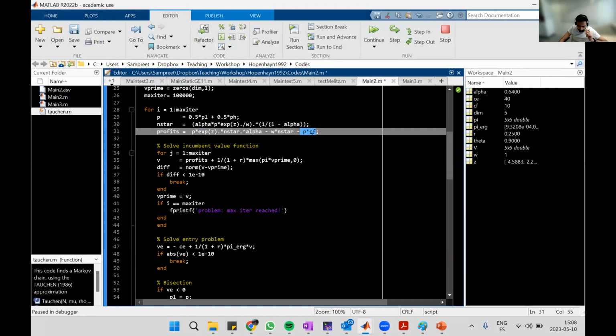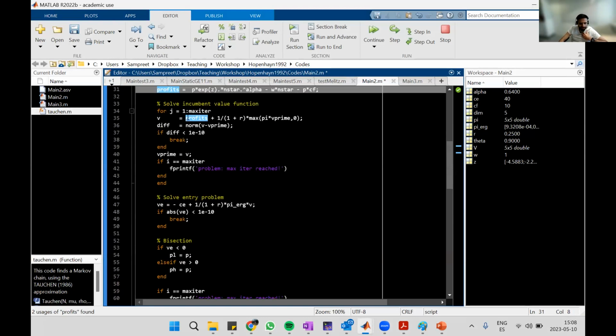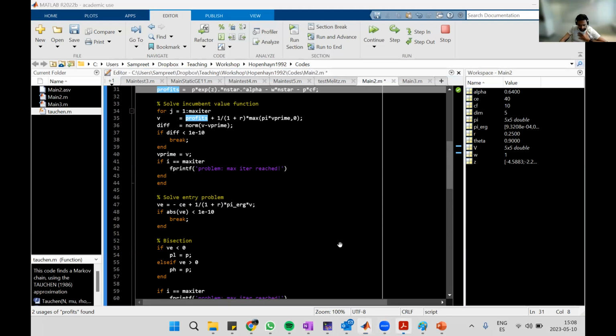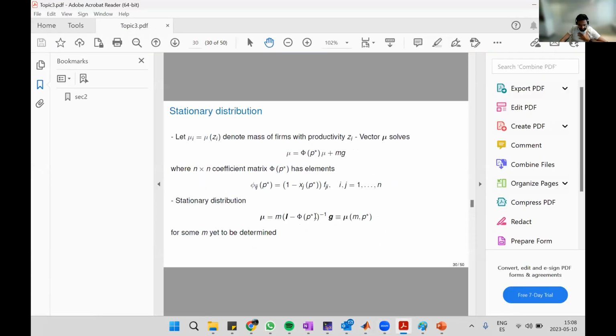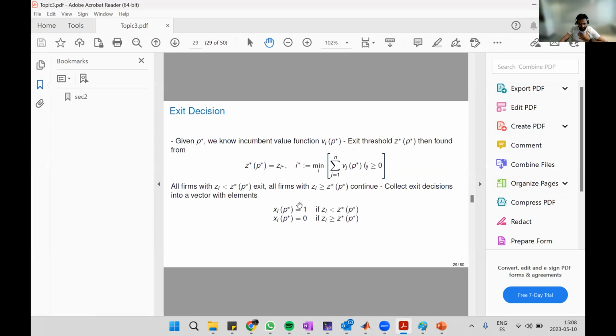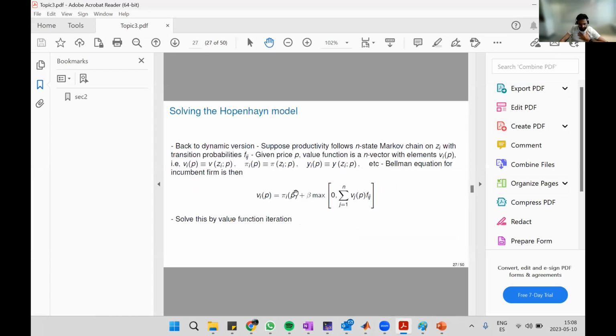Good. If these are my profits, then I can now compute the value of the firm. For the value of the firm, I am doing another loop. Remember, I do not know it, so I have to use value function iteration. So I'm going back to this equation.